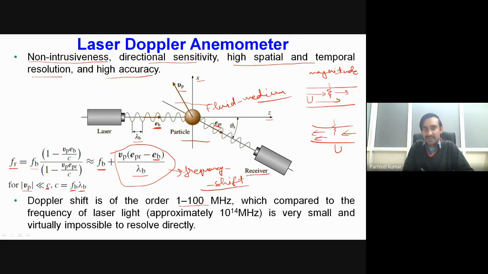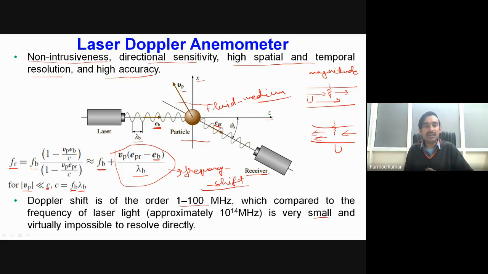The light we are incident with has a frequency of approximately the order of 10 to the power 14, whereas the shift in the frequency is very, very small, 1 to 100 megahertz. This very small shift in frequency is very difficult to measure, and it would be impossible to resolve.